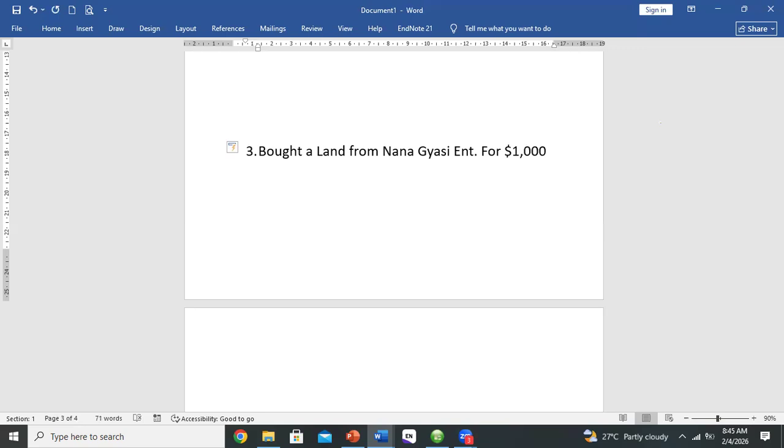Bought a land from Nana JC Enterprise for $1,000 cash. You see, now I've shifted from sales. I'm going to asset, right? Bought a land.